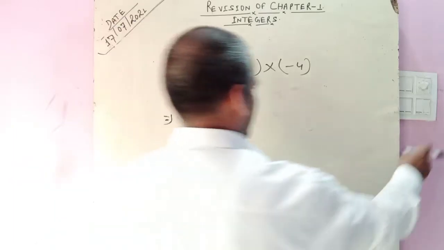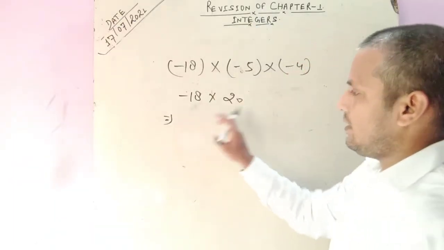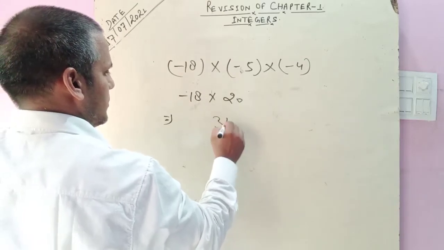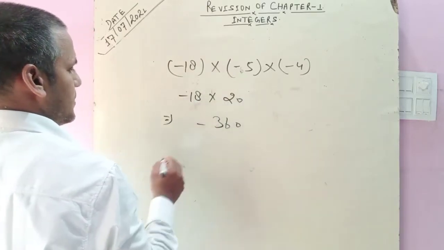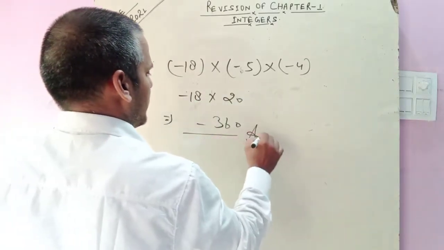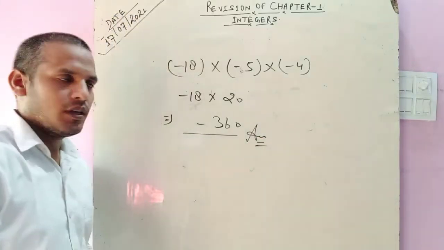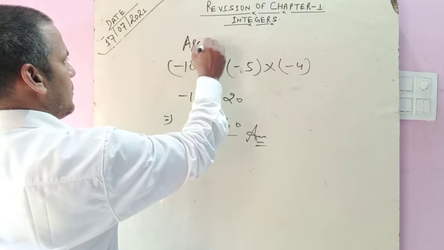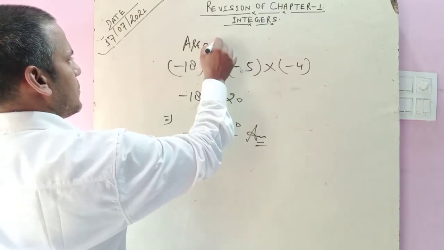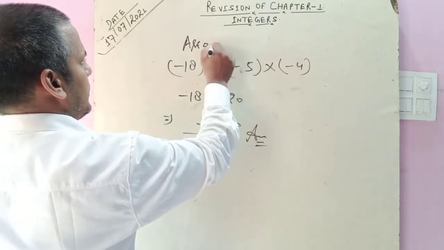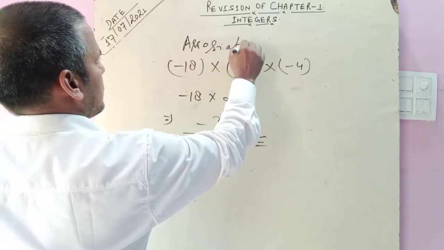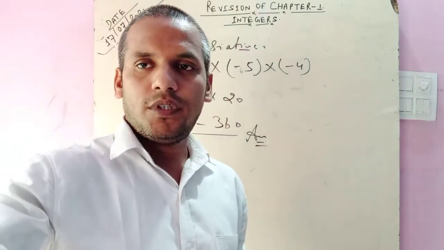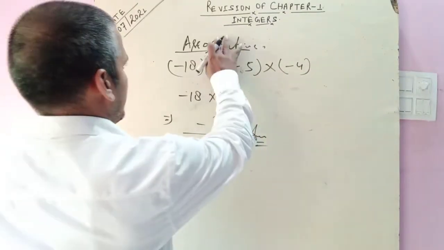Then we multiply 18 into 20, which is 360, plus minus, so we get minus 360. This is how we can use the associative property.